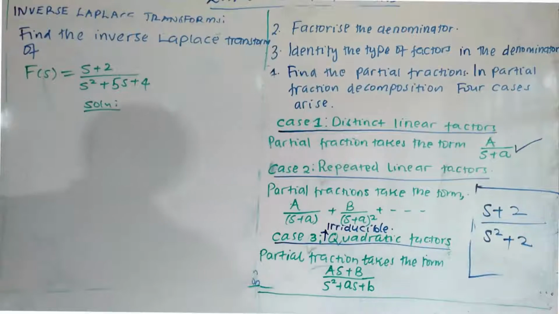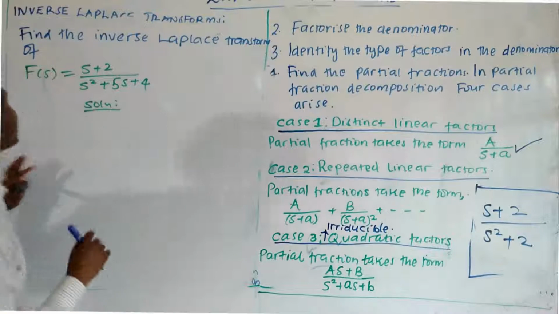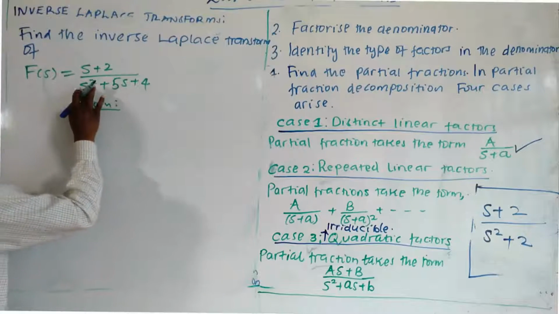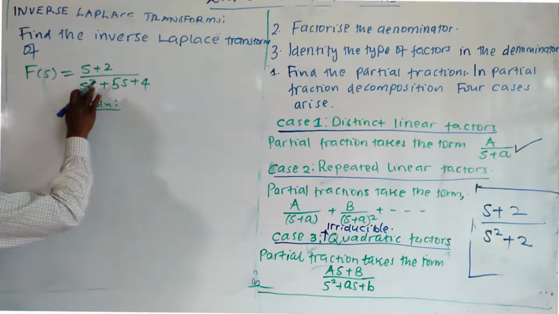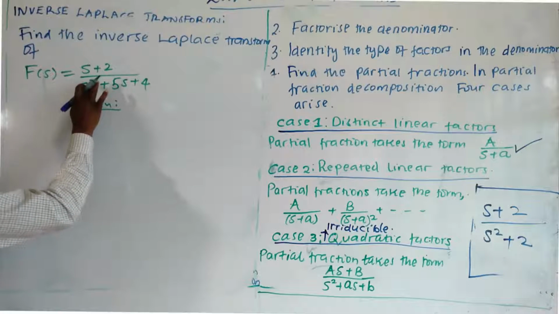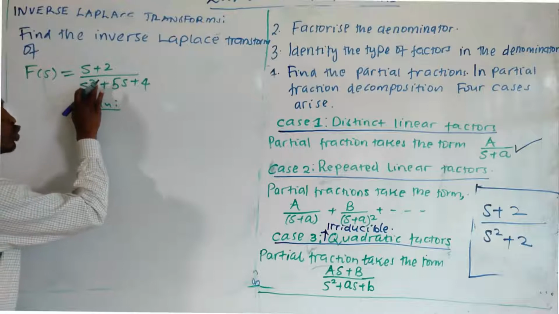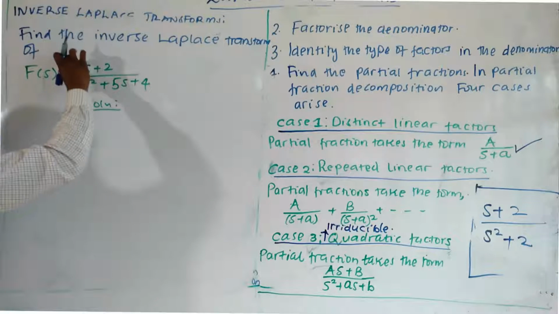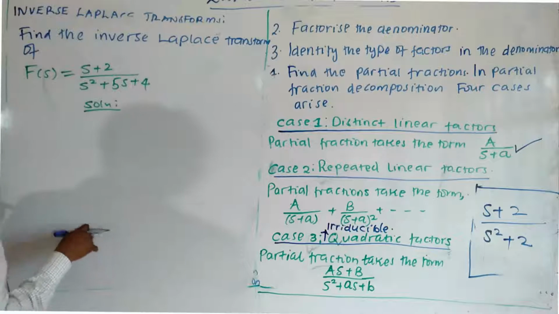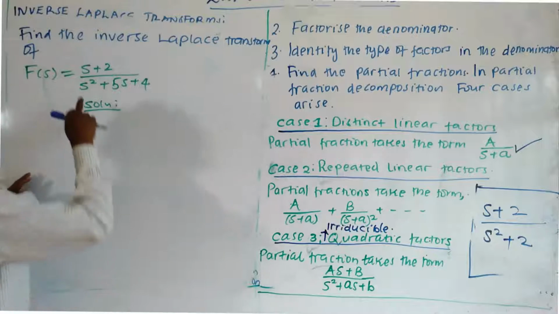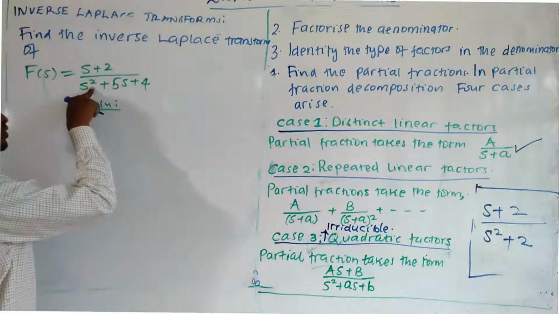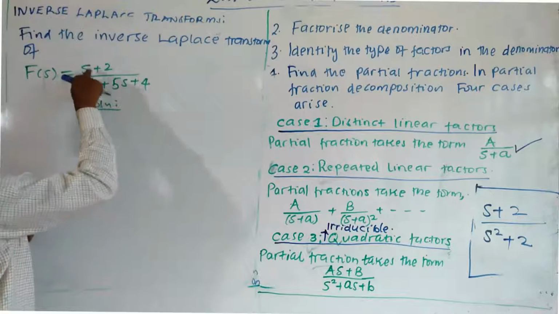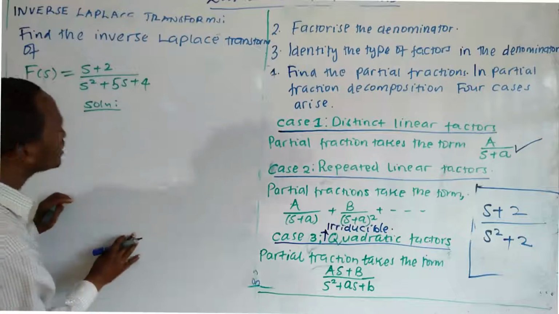Now, we said we have 4 steps. The first step is to check whether the rational function is proper. Here you can see the highest power is 2 on the denominator, so it is quadratic, and on the numerator it is linear. So the degree of the denominator is higher than the degree of the numerator.